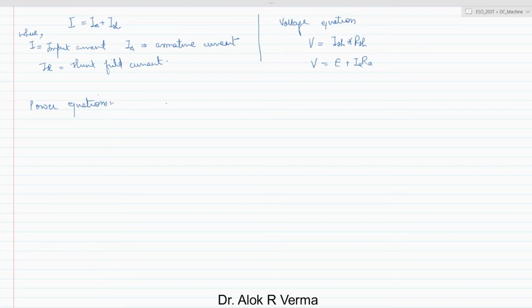VI is nothing but the input power. So we multiply this equation by I. V into I is nothing but E into Ia plus Ia square Ra.